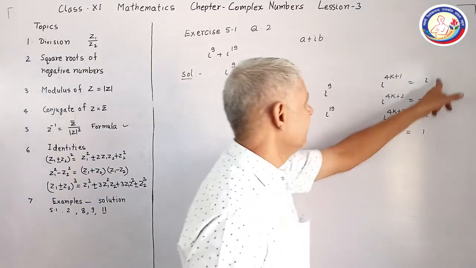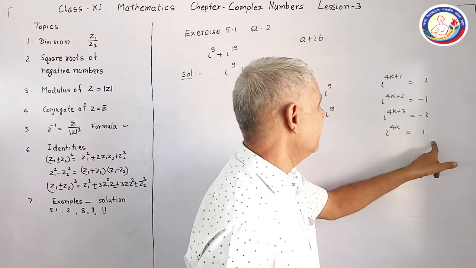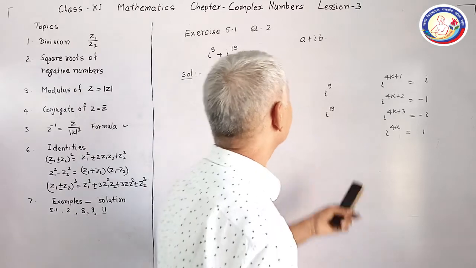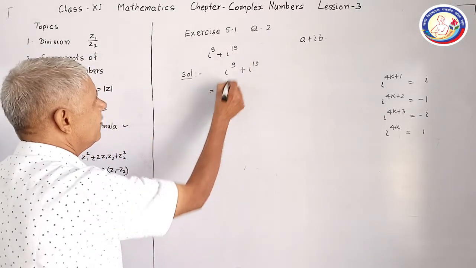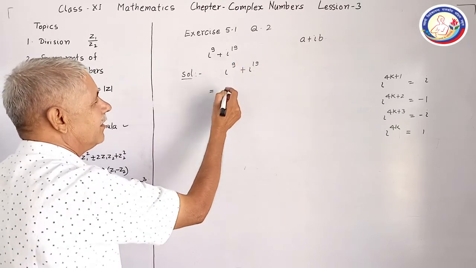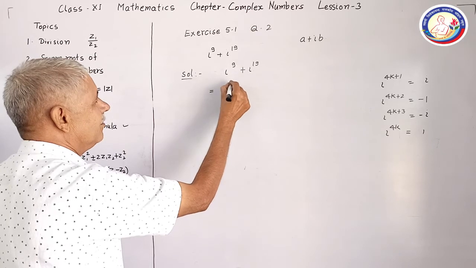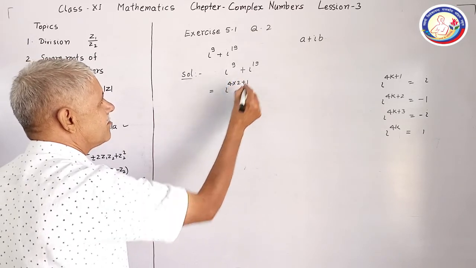But it will be better to not write directly the values. We can solve it in two ways. First solution, iota raised to power 9. Divide it by 4. We will get iota 4 into 2 plus 1.